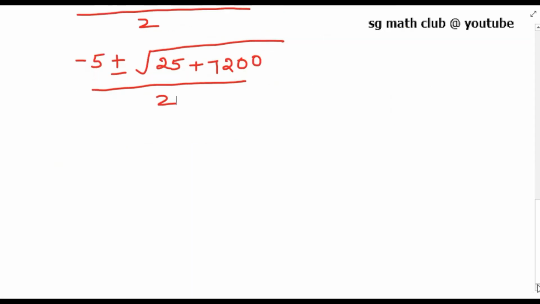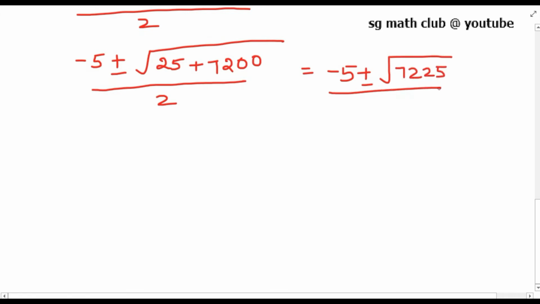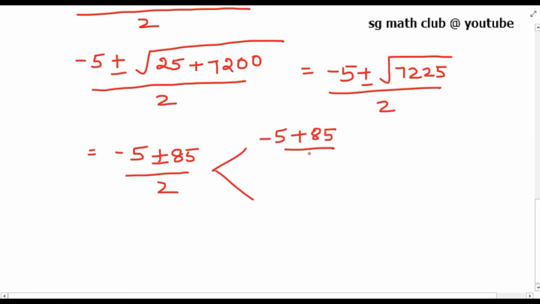So when you simplify this, we'll have minus 5 plus or minus square root of 7225 divided by 2. When you take the square root, you get 85. So minus 5 plus 85 by 2, and minus 5 minus 85 by 2.